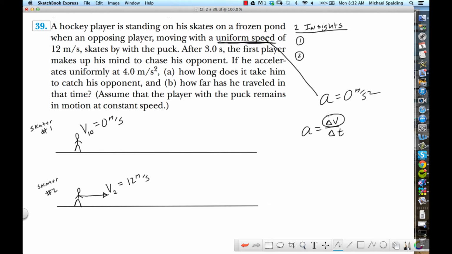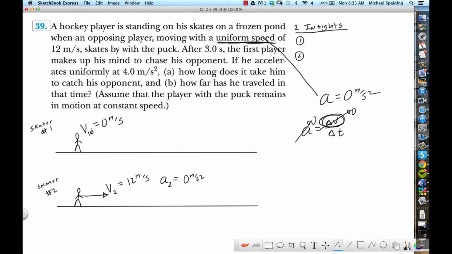So if your velocity is constant, if there's no change in velocity, that goes to 0, which means your acceleration is 0. That make sense? All right, so for skater number 2, acceleration 2 is 0. He has no acceleration. He's just cruising along.